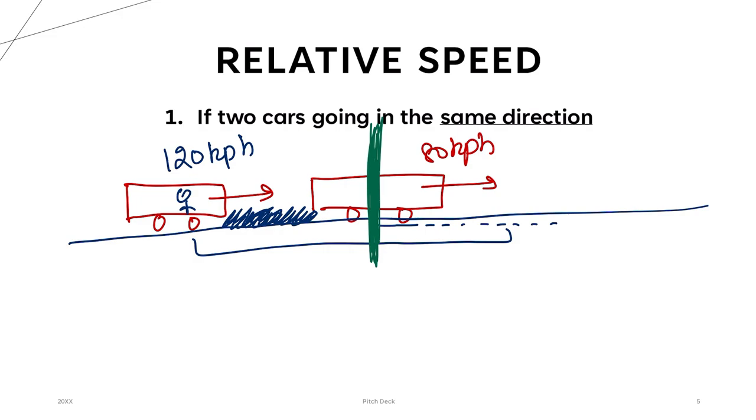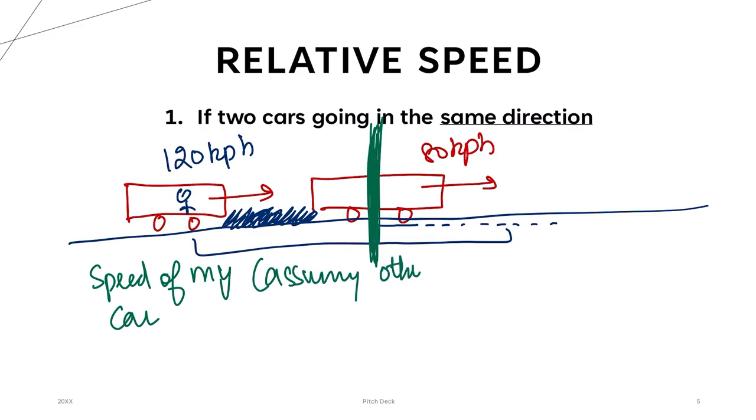So the relative speed is the speed of my car, assuming the other car is at a stop. The car is still actually moving at 80 kilometers per hour, and my car is still going at 120 kilometers per hour, but my relative speed with respect to the other car is the speed of my car, assuming the other car is not in motion.